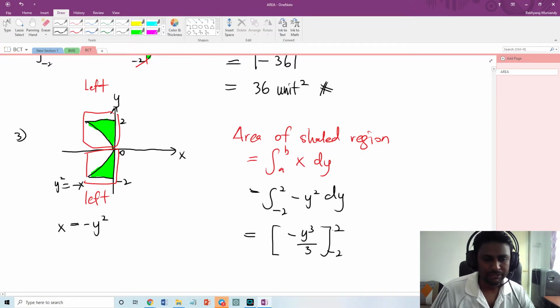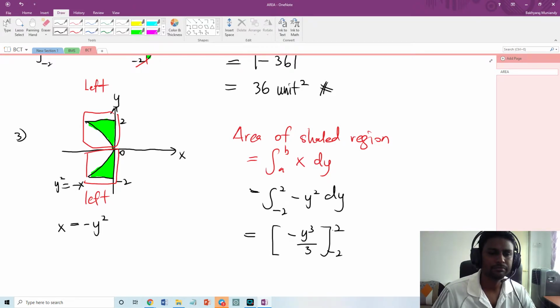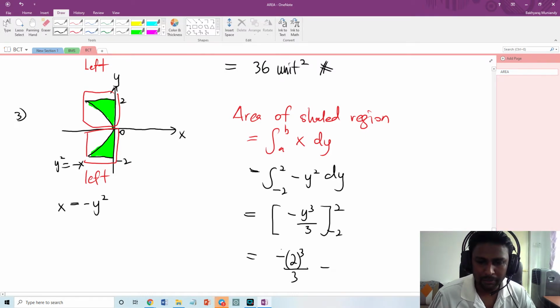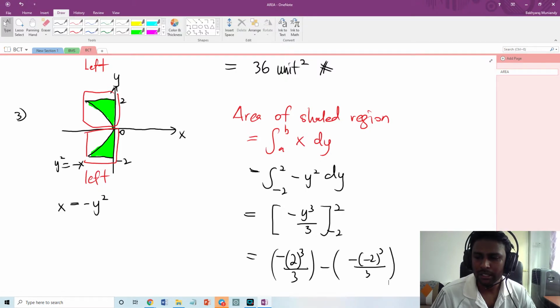Okay, no problem in doing this, because they are both in left. So you can straight away do from the lower limit, which is -2, until the upper limit, which is 2. If it is one side positive, one side negative, then we have to separate. Okay, what is the answer? So the answer will be -2 power of 3 divided by 3 minus -2 power of 3 divided by 3, and we can substitute into the calculator.